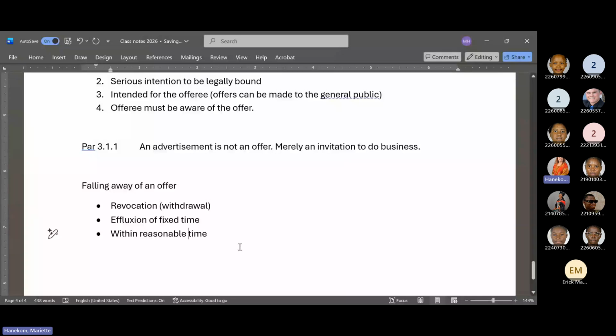Lawyers like using the word reasonable if they don't have any precise answer. Reasonable time will depend on the type of offer. Obviously, if I'm offering a car for 300,000, the time given to make up your mind and accept will be longer than if I'm offering you a bar of chocolate for $10. So within a reasonable time.